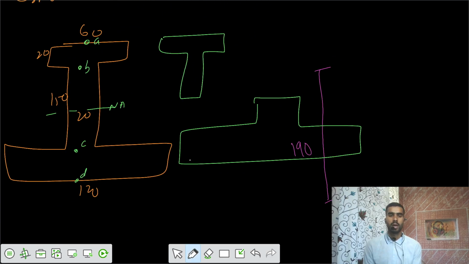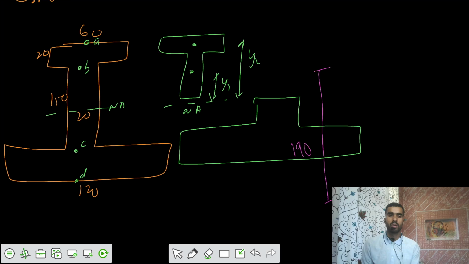Now, about the neutral axis, you have to calculate the first moment of area. Let's take the first part. If you take the first part, then there is some centroid 1 and there is some centroidal distance y2. So I can solve for that.